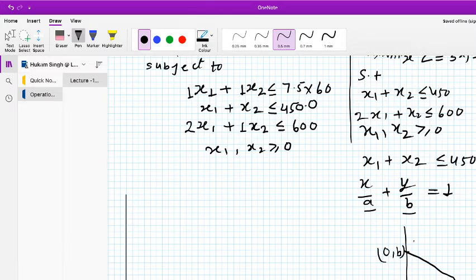So this is the line whose equation is x upon a plus y upon b equals 1.